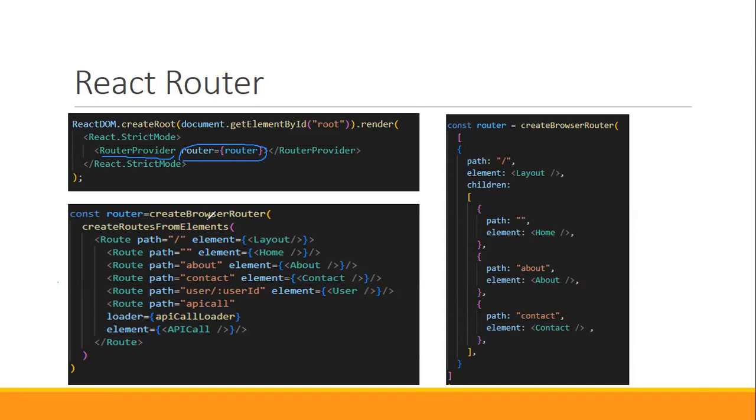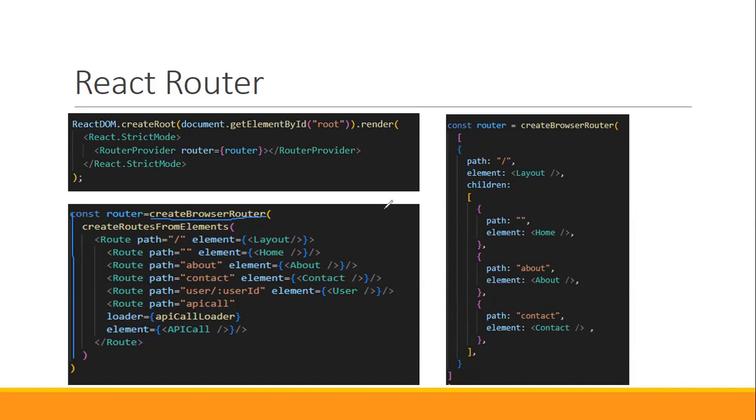Whenever you are accessing this particular path, it will give you access to the particular element. Now you can write this router by means of the createBrowserRouter function.